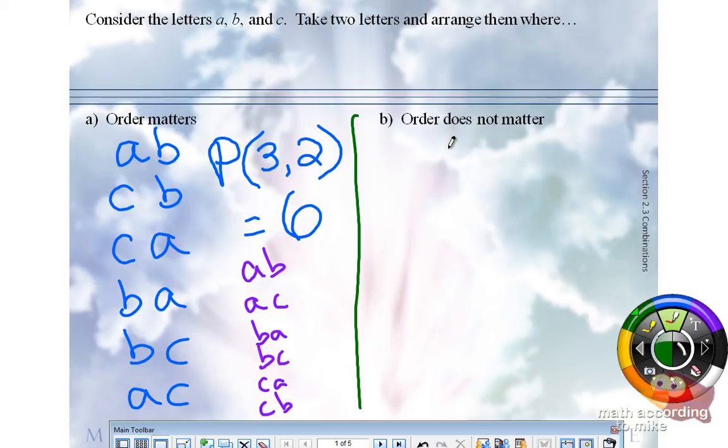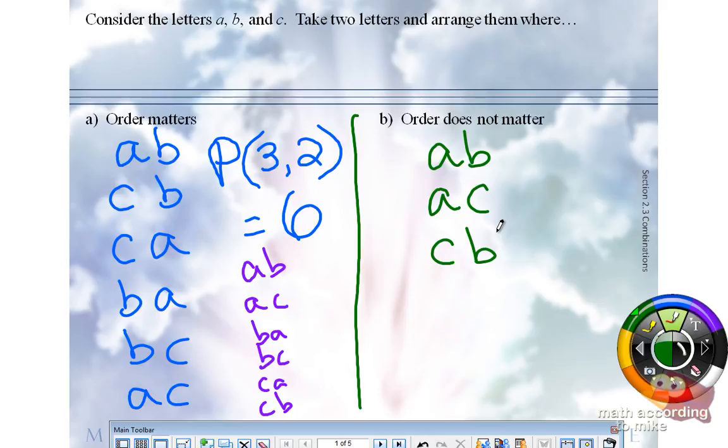You can get A B. Now, if you say B A, that's not going to be correct because if order doesn't matter, then A B is the same thing as B A. What else could happen? Yep, we could have A C. We could have C B. Anything else? Nope. That's it.